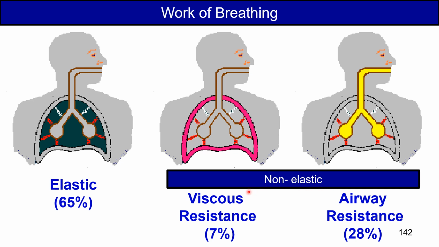It is the work done to expand the non-elastic tissues, which is otherwise known as the viscous resistance work of breathing. And the other component of the non-elastic work of breathing is the work done to counteract the frictional resistance of the airways to the flow of air. Now, 65% of the total work of breathing is due to the elastic work of breathing, while 7% accounts for the viscous resistance work of breathing, and airway resistance accounts for 28% of the total work of breathing.